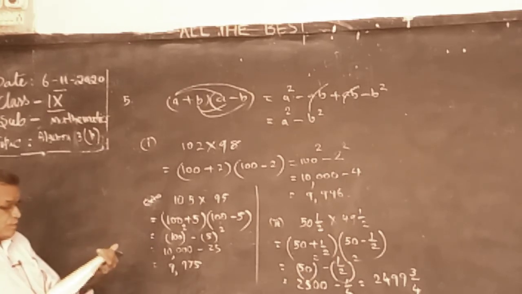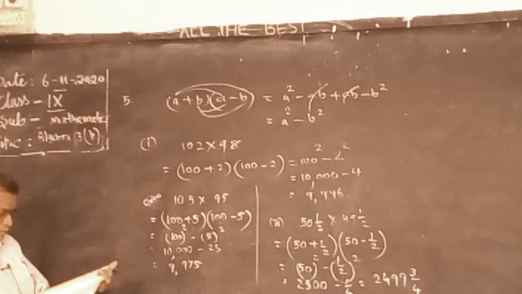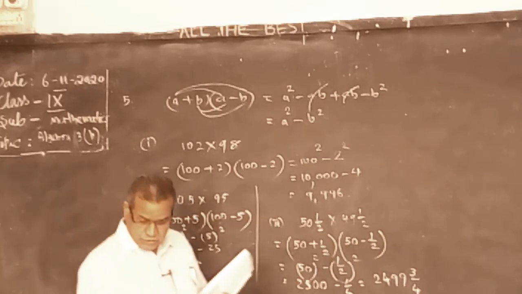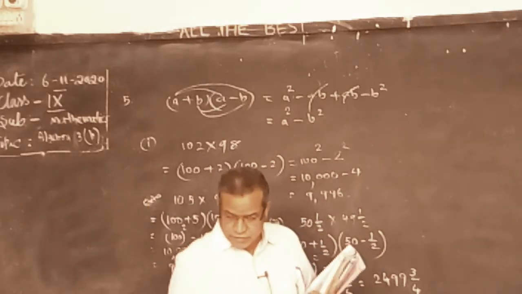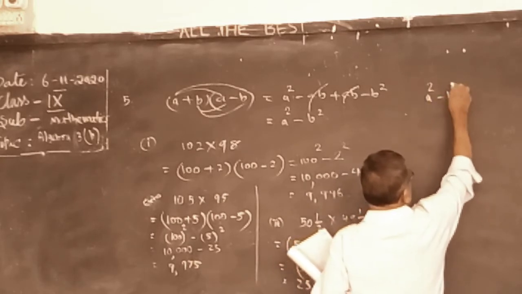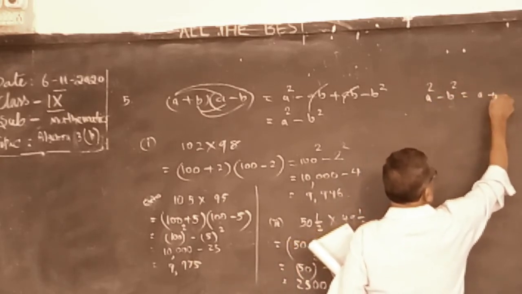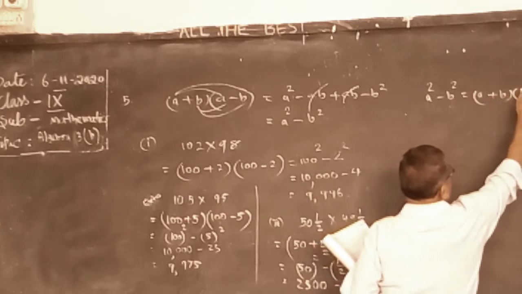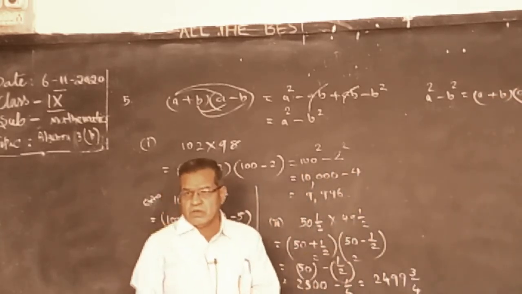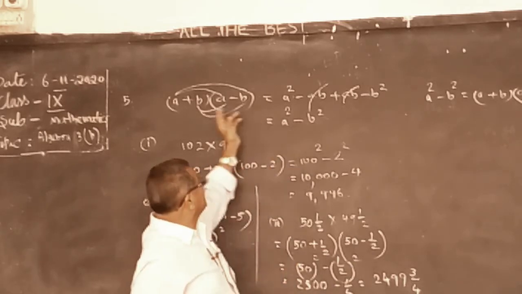And another problem is given in the exercise, where the formula is reversed. Here the RHS is given. A squared minus b squared is equal to the formula a plus b into a minus b. In the previous problems this formula was applied in reverse.